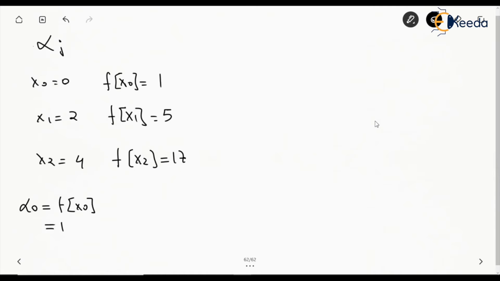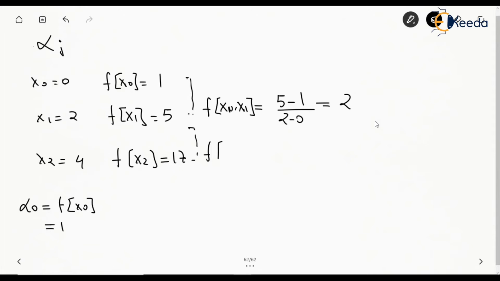So this alpha naught is going to be directly f of x naught, which is 1, and then from this we can find f of x naught x1. It is all the same. This is going to be 5 minus 1, that is f of x1 minus f of x naught, divided by x1 minus x naught, which is 2 minus 0. So this is going to be 2, and similarly from this pair we are going to find f of x1 x2.